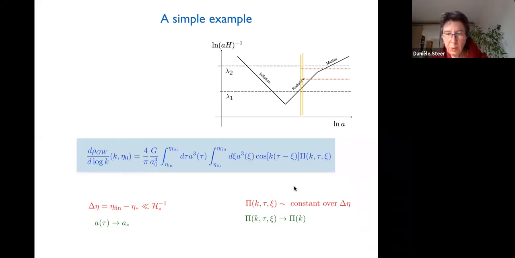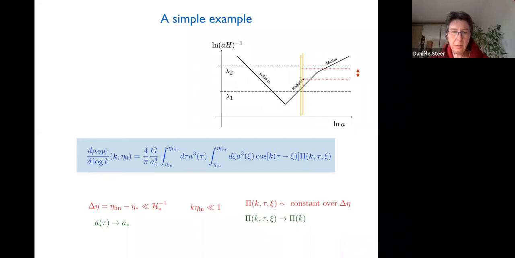Then I'm going to assume for simplicity that the source is like a top hat. It's constant over the period of time delta eta, and otherwise it's 0. So I'm going to replace this unequal time correlator by simply a top hat function, some function of k, which is non-zero over time delta eta.